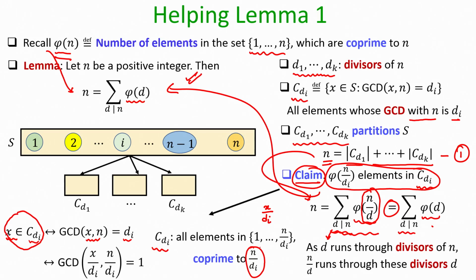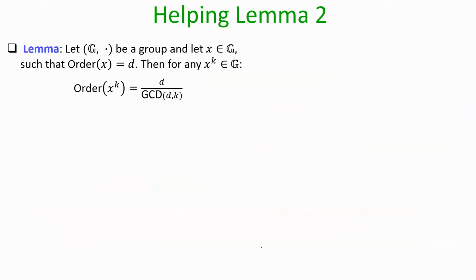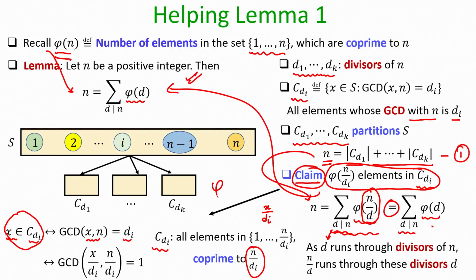And how many elements can I have in the collection 1 to n over di which are co-prime to n over di? As per my definition of the phi function, it will be phi of n over di, and that shows my claim is correct.